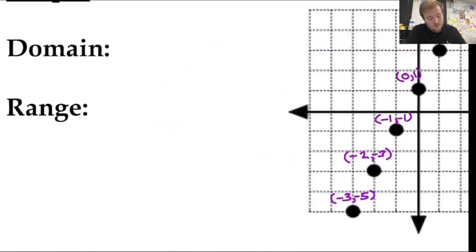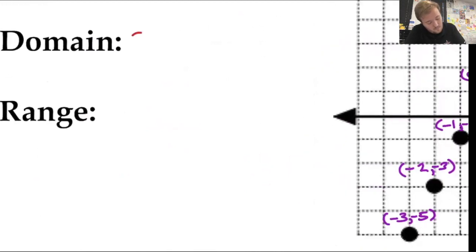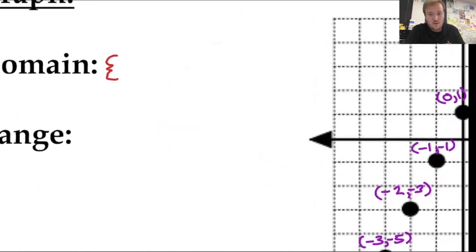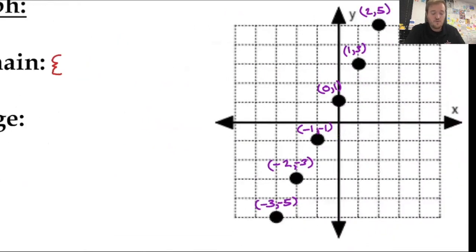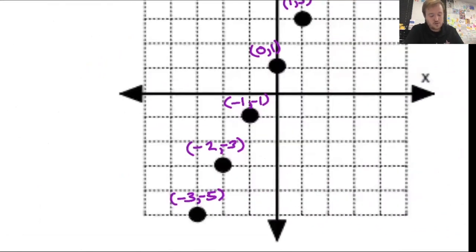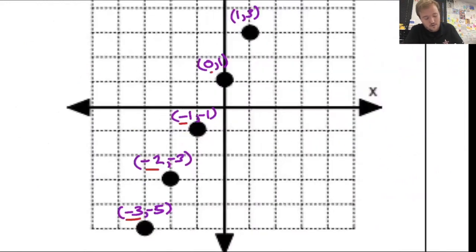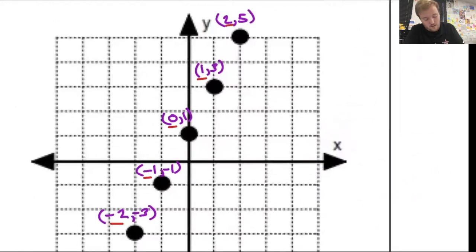So I'm going to open up brackets for the domain. One thing that is good about the graphs is a lot of these will be done in order for you already. If you notice, we're just looking at the x values for the domain. So -3, -2, -1, 0, 1, and 2.